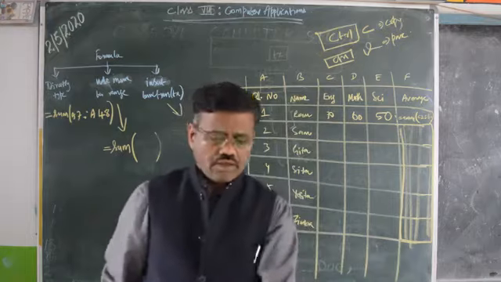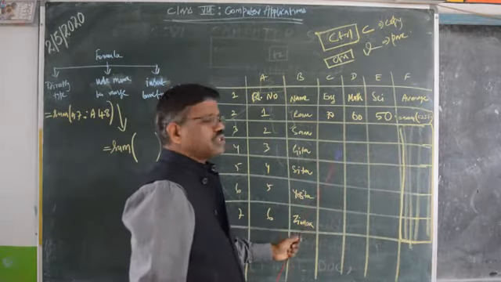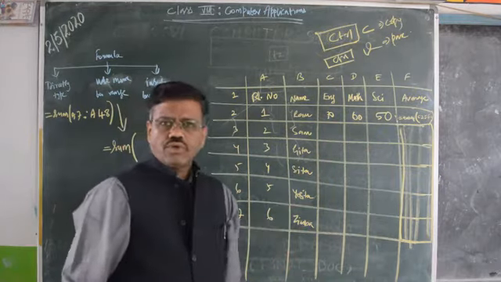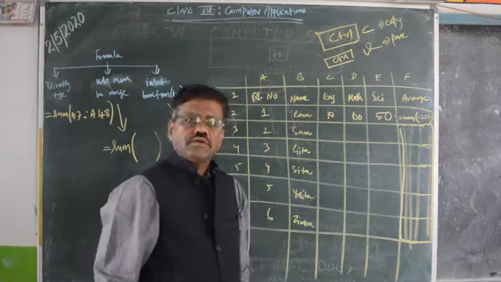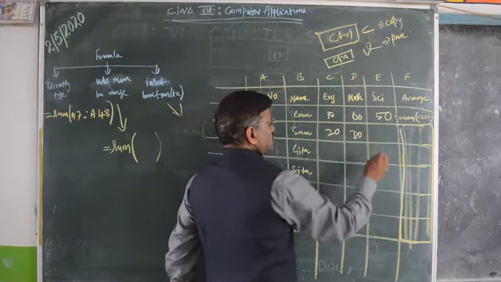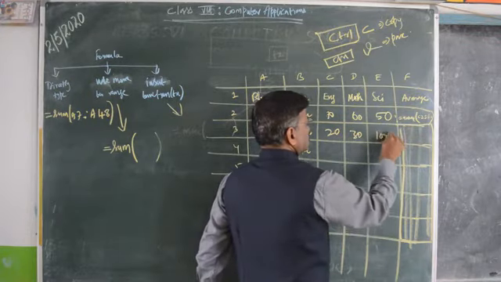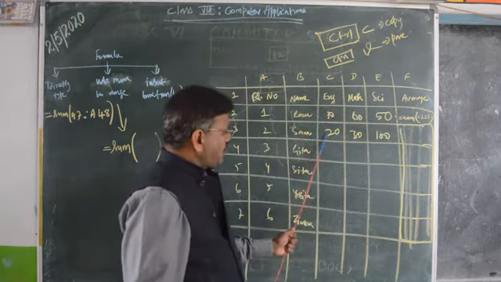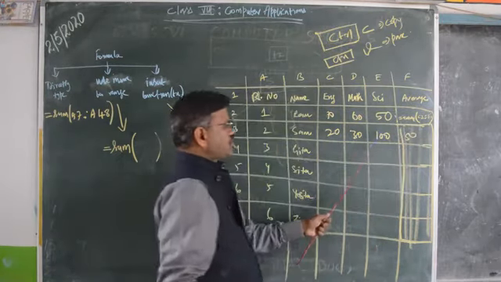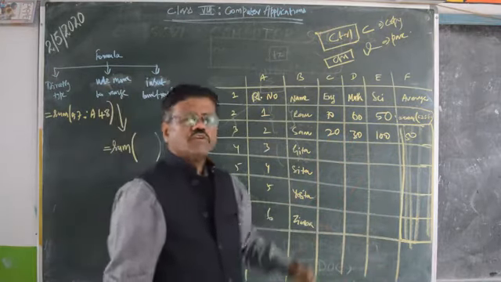You must be wondering, sir, how it would do the average when the columns are empty? When nothing is entered, it is understood as 0, 0, 0. You will not find anything. The moment I enter the values, automatically the average will come as 50. 100 plus 30 is 130, 130 plus 20 is 150, 150 divided by 3 would be 50.